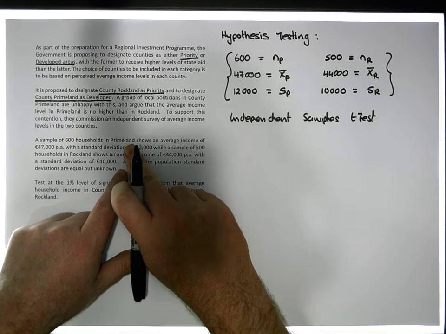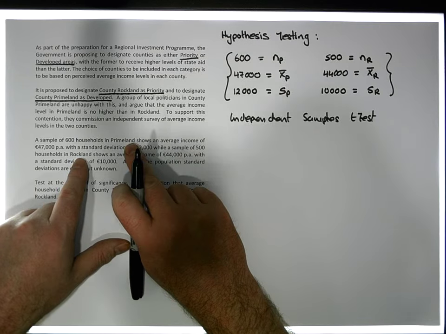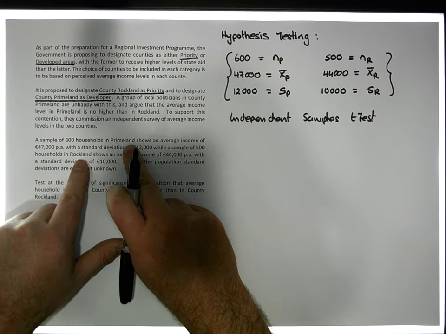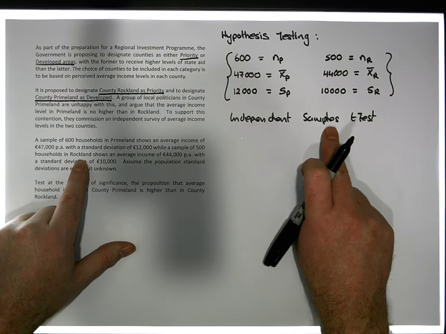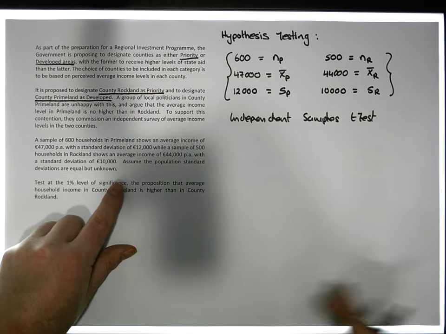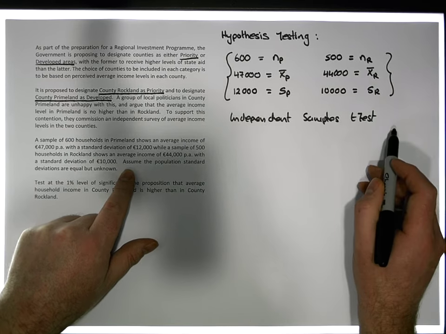You're either taken from Primeland or from Rockland. They're not the same measurements being made on the same individuals. You're in one location or the other, so they're independent samples. When we have two samples, we do an independent samples t-test. But more importantly, the independent samples t-test has two variants.